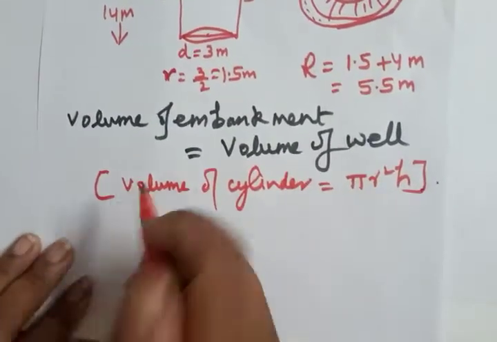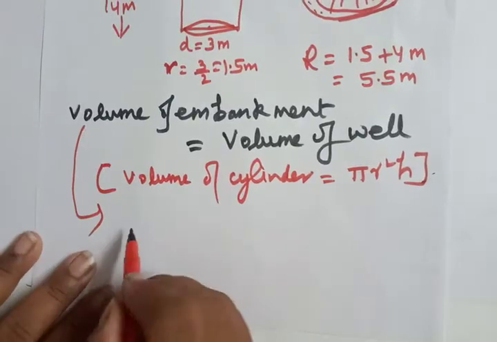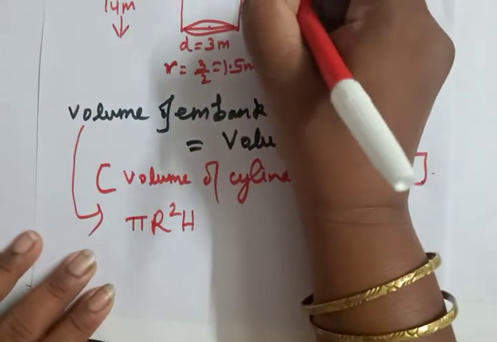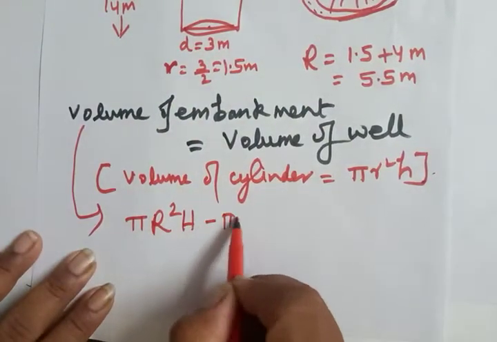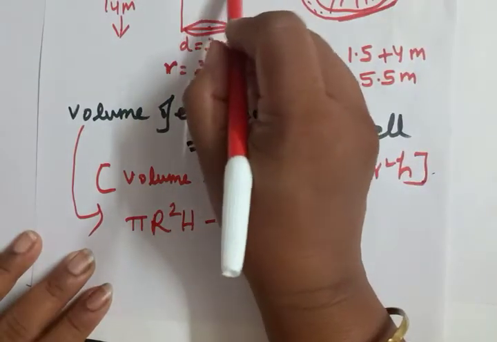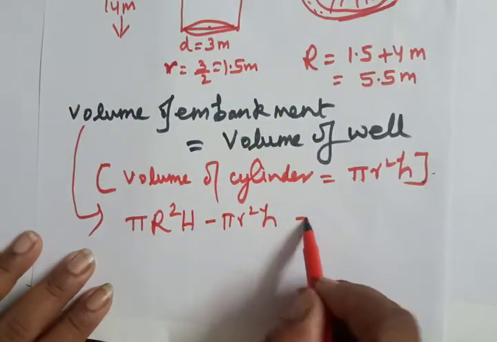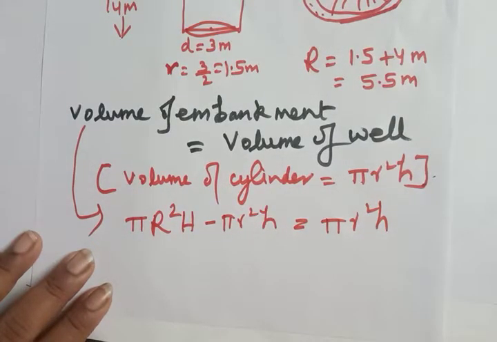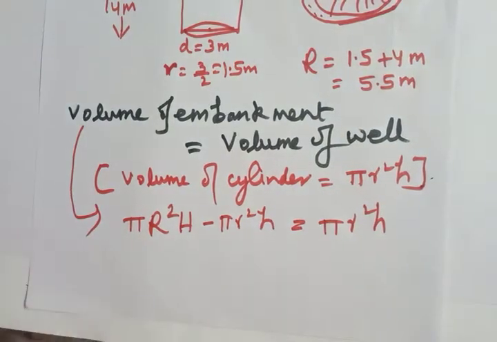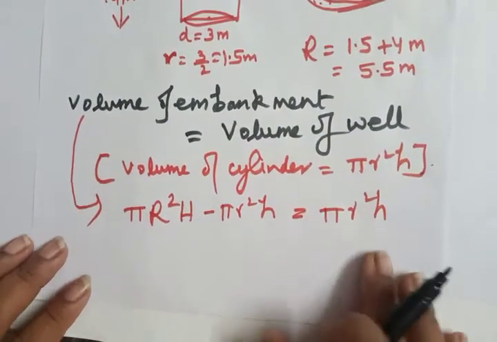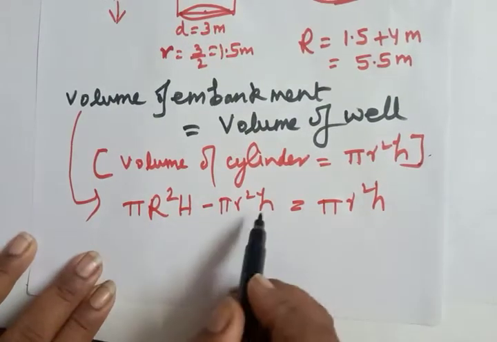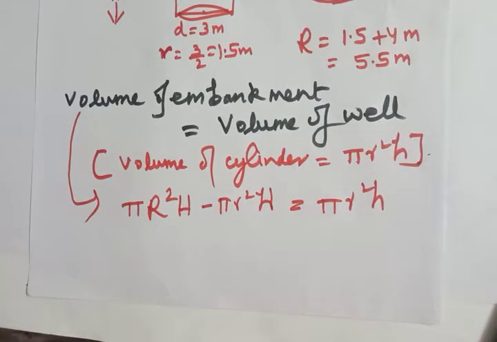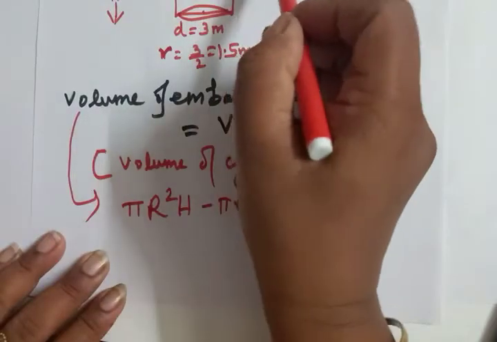So what we can say here is pi capital R square H, where H is the height of the embankment, minus pi small r square H, this inner one, is equal to pi r square h. Now we need to put the values only. The capital H will come here too, because we are talking about this embankment and the height will remain the same.